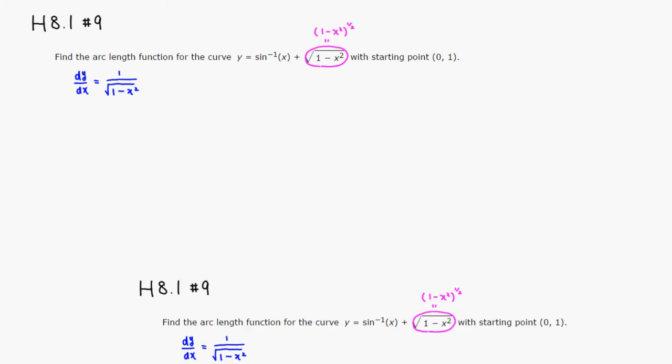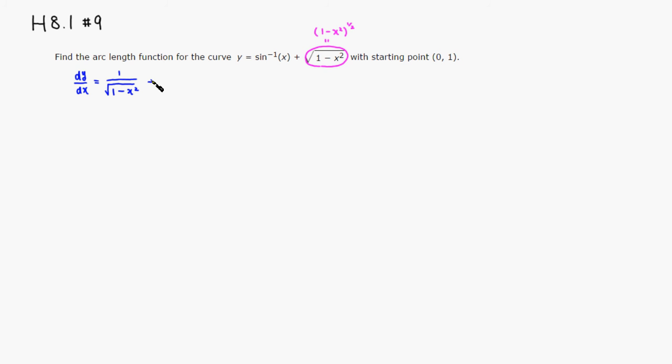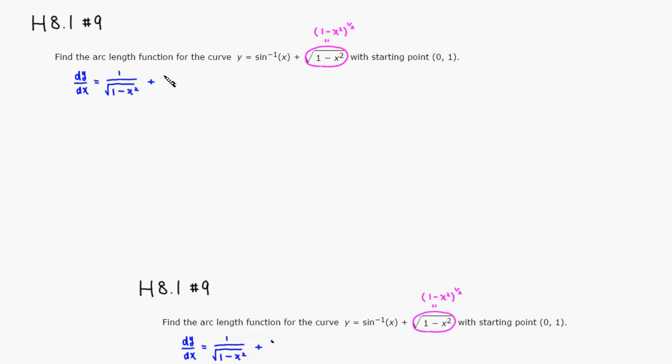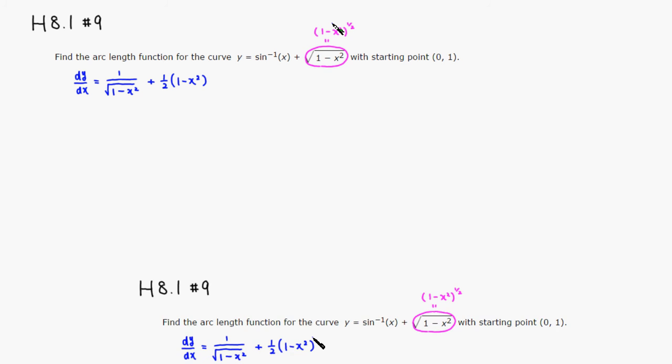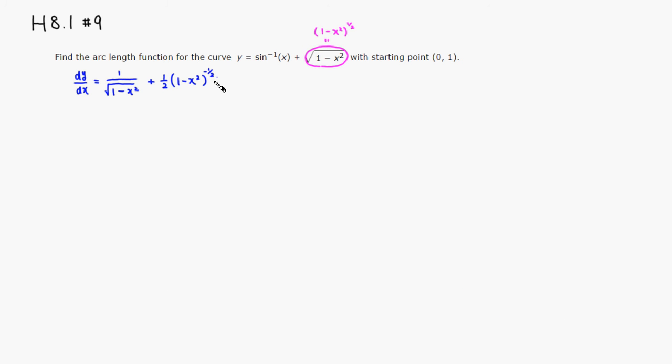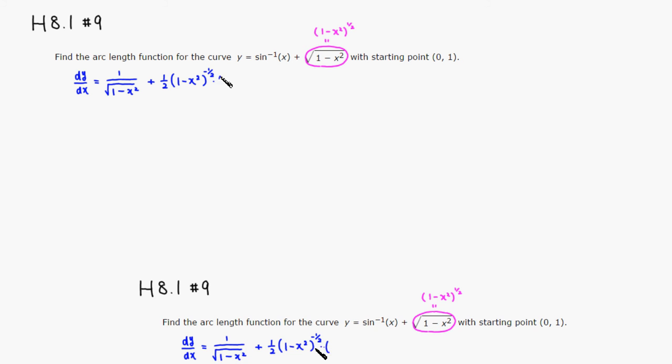So the derivative is going to be, I put 1/2 in front, keep the inside function as it is, so quantity 1 minus x squared. Subtract 1 from the power, so it's negative 1/2. Then multiply by the derivative of the inside, so it's negative 2x.